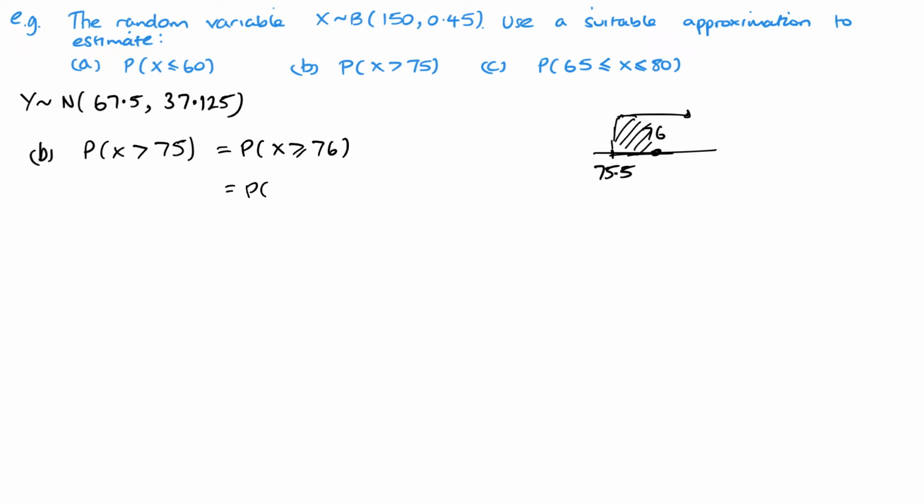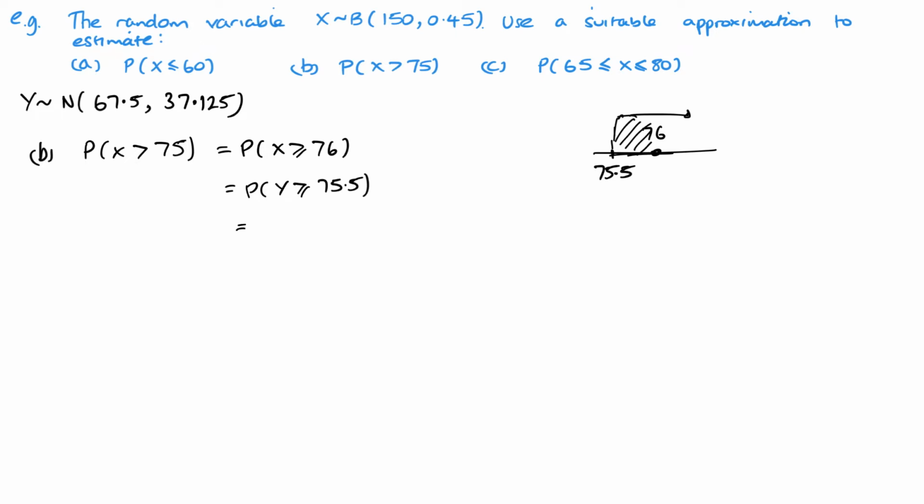So in terms of my Y, my normal, we're looking at greater than or equal to 75.5. And that's why it's important, because if you change it to equals, you won't make these mistakes. The mistakes that I see people make are because they try and do it straight from here, and it just gives them more things to remember and therefore more things where they can go wrong.